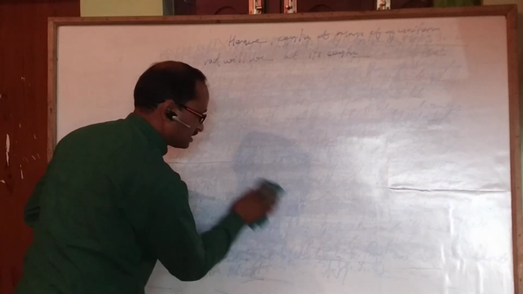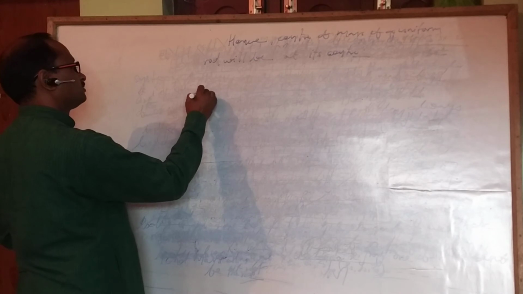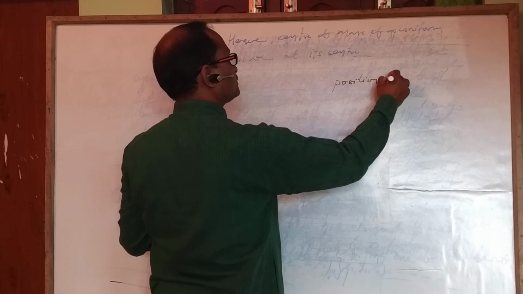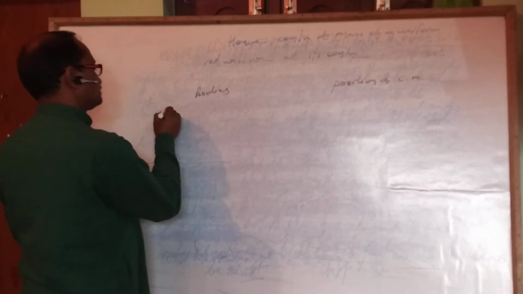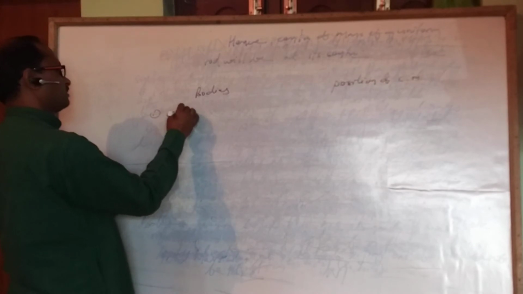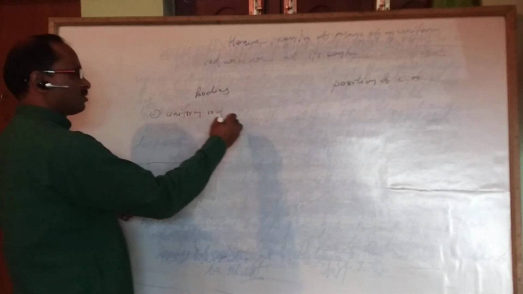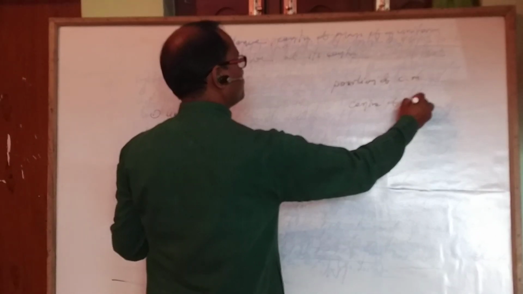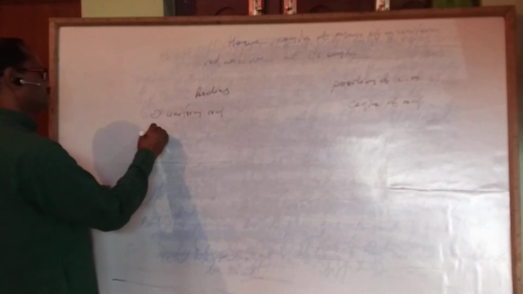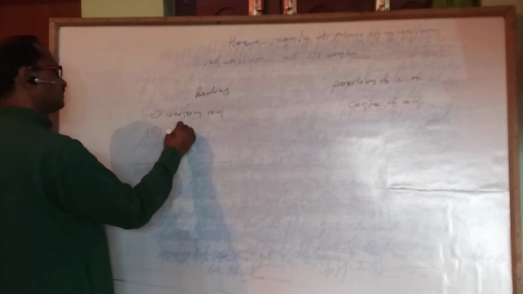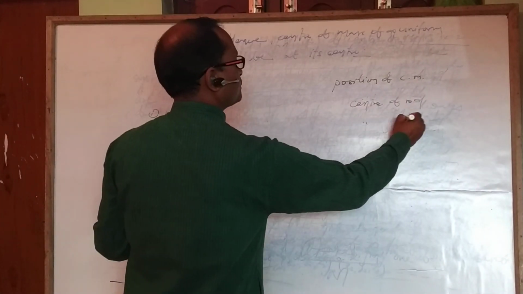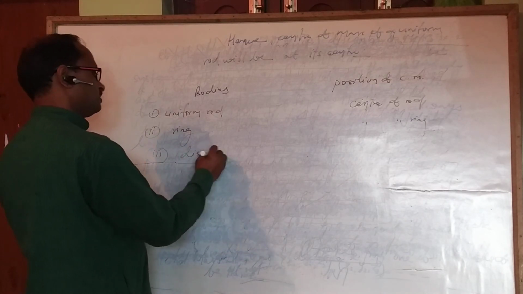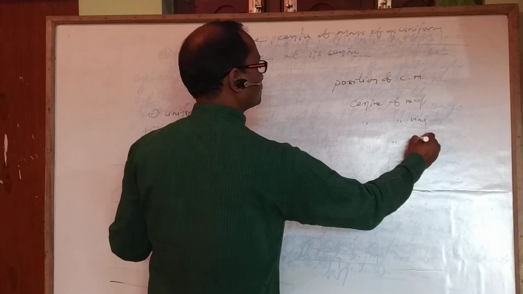Now I will discuss center of mass of some continuous bodies. Position of center of mass. First, uniform rod: center of rod. Ring: center of ring. Disc: center of disc.